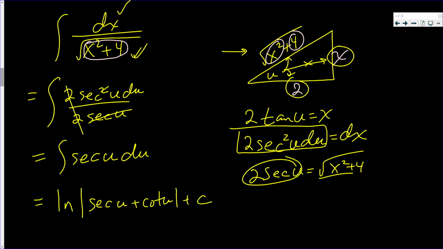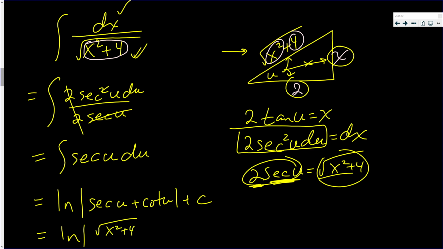Well, the integral of secant of u is ln of the secant of u plus the tangent of u plus c. And the secant of u, well, we have 2 times the secant of u, so this divided by 2 gives you the secant of u.